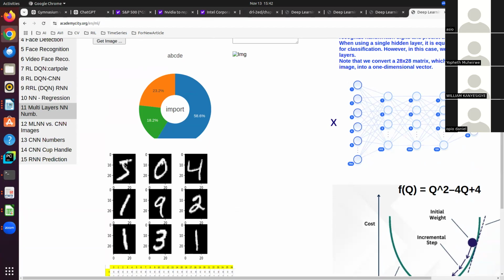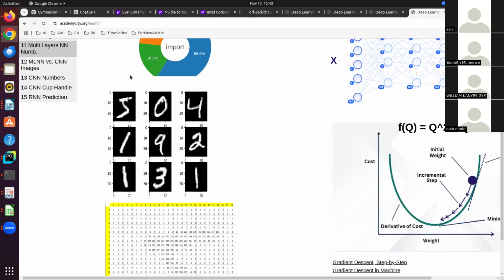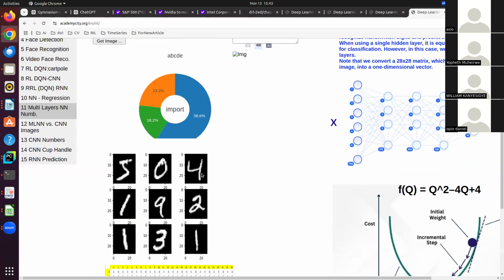It's like in Uganda, from the export, the education, natural resources, we're trying to predict the GDP. Here, from those numbers representing this picture, we're trying to predict that this is number 5. For this one it would be the number 0, and etc.